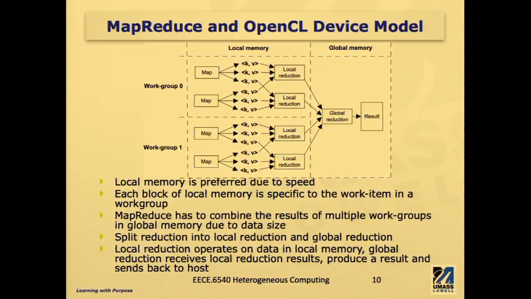And because we need to access these key value pairs, they have to be in local memory. If they're not in global memory or local memory, that means they have to be in private memory. But if they are in private memory, then you cannot have other work items access these key value pairs. So all the key value pairs should be in the local memory, so that all the other work items within a group can access them, because you need to do the reduction stage to combine the results.